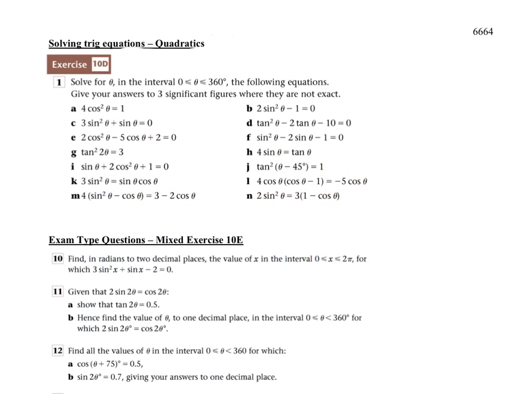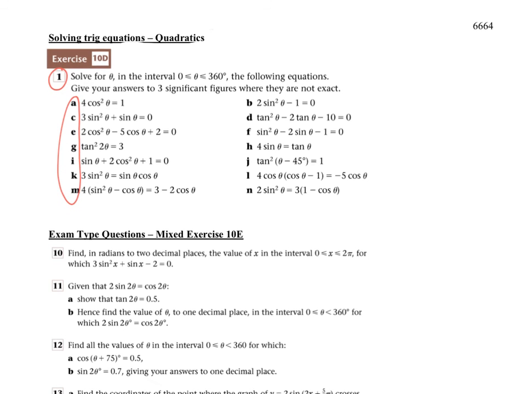So, exercise 10D. Questions absolute minimum that you should be heading for are question 1, the first column. If you can do the second column, that would be absolutely brilliant. And then exam type questions that we've got here.